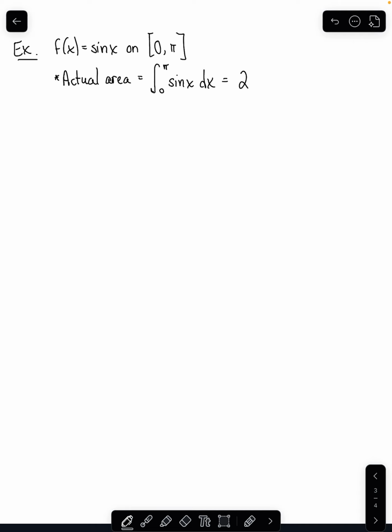So keeping this in mind, we'll now be able to look at the estimates given by the trapezoid rule and see if they're even close. So, first of all, we're going to use the trapezoid rule with n equals 4 subintervals.